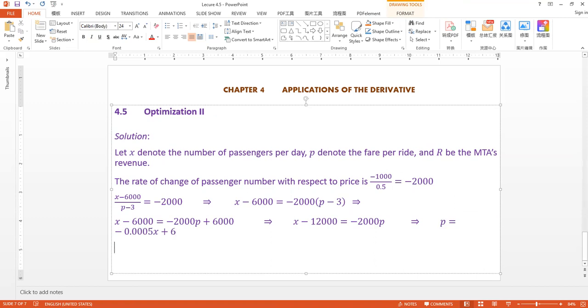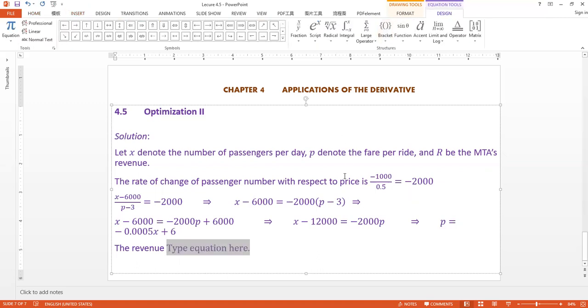The next step, we need to calculate the revenue. So the revenue, which we assign as R, is equal to x times p.